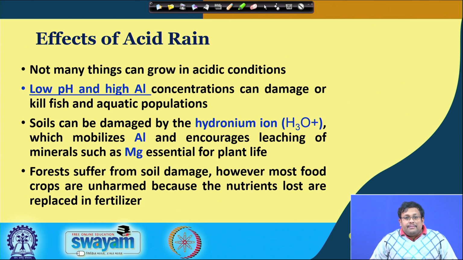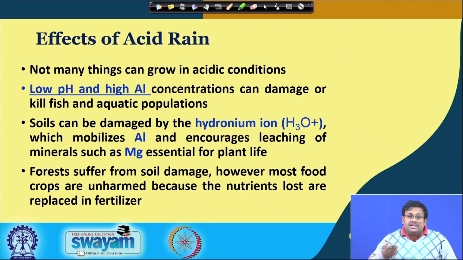Soils can be damaged by hydronium ions, H3O+, which mobilize aluminum and encourage leaching of minerals such as magnesium, which are essential for plant life. You know that magnesium, calcium, and sulfur are all macronutrients essential for plant growth.